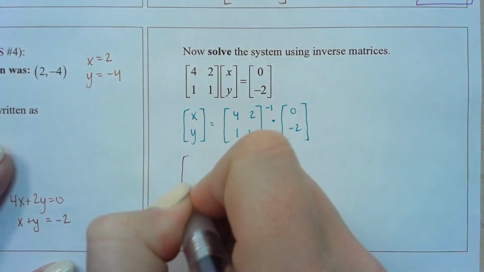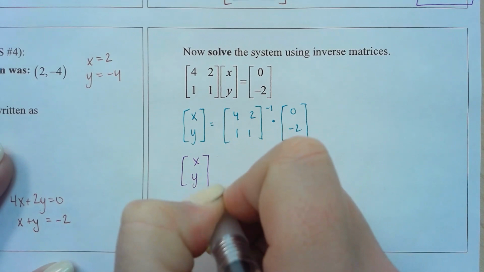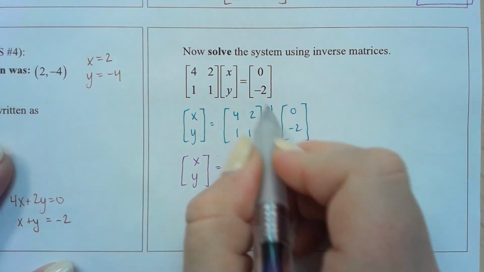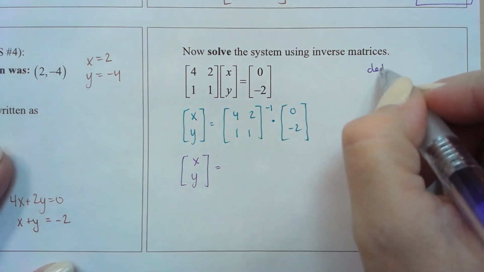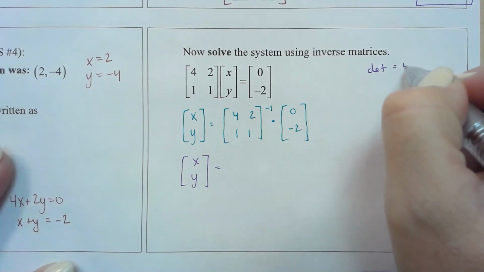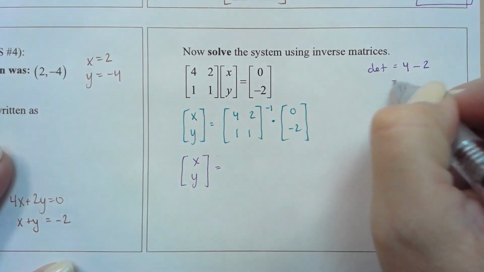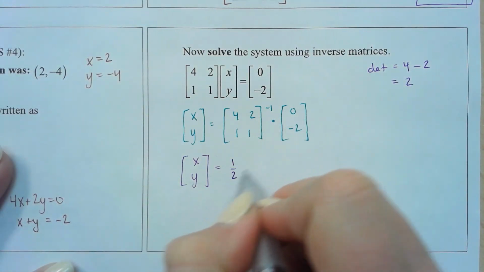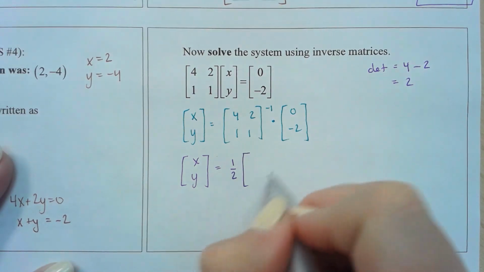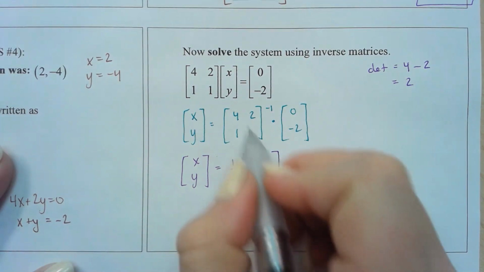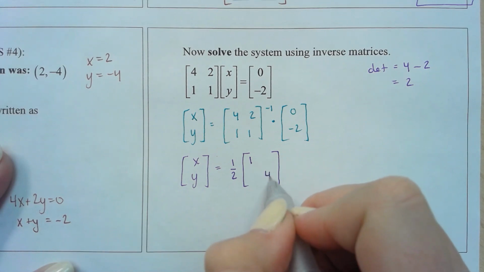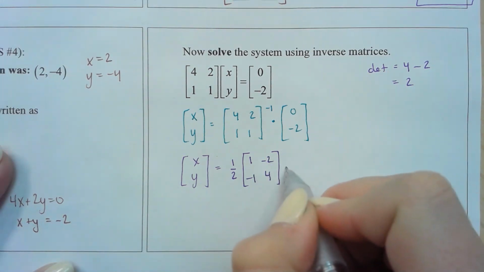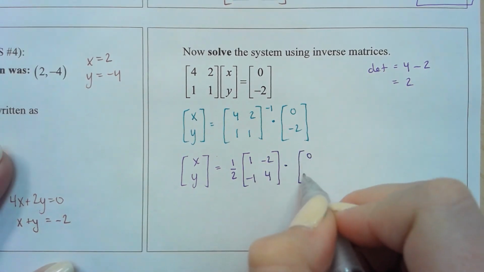Great. All right, so here we go. I need the inverse of this, which means I need the determinant of that. So I get 4 times 1 minus 2 times 1. So my determinant is 2. So that means I'm going to have 1 over 2. I'm going to switch the 1 and the 4, and I'm going to change the other signs.